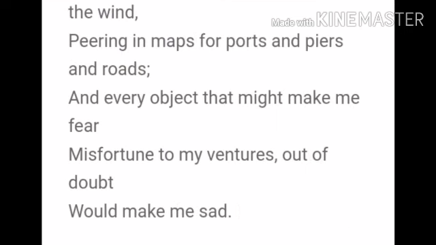Plucking the grass to know where sits the wind, peering in maps for ports, the piers and the roads. And the second action which Salanio will do if he has got such a rich ship on the sea is that he will be peering in the map for ports. Peering means he will be looking carefully in the map to find out the ports. And piers.